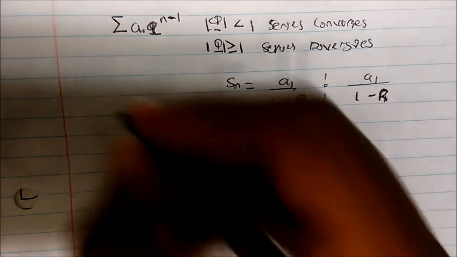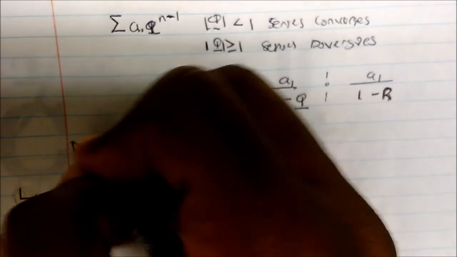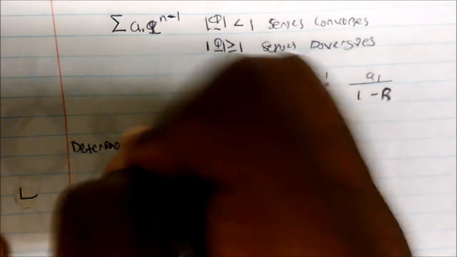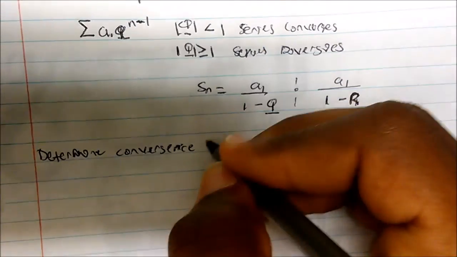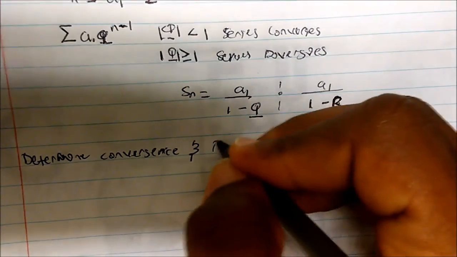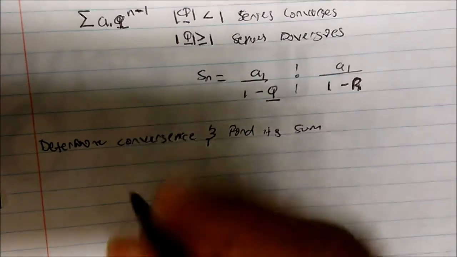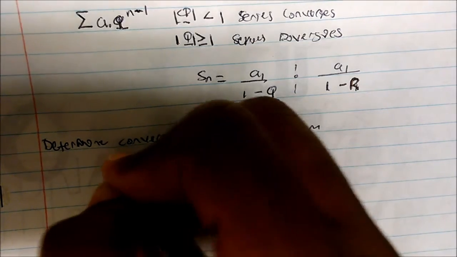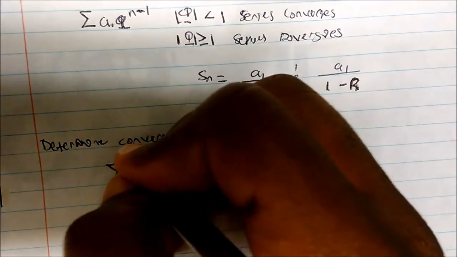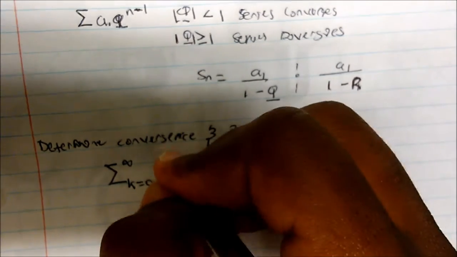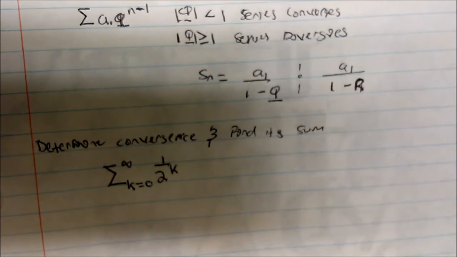What if I ask you to determine convergence and find its sum? Let's look at this one: the series from k equals 0 to infinity of 1 over 2 raised to the k power.